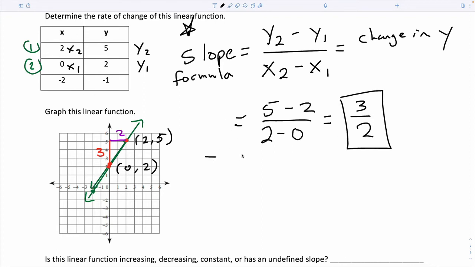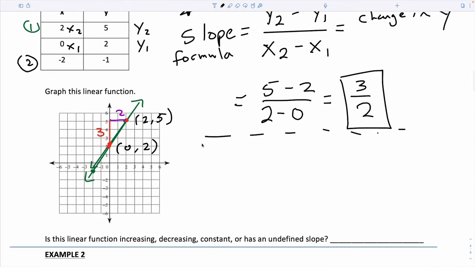You don't have to actually write this, but could I have used, let's just say, the last one? Can I use this point too? If it's on the line, it should work. Don't write this, but let's just test it out, looking at the boards.